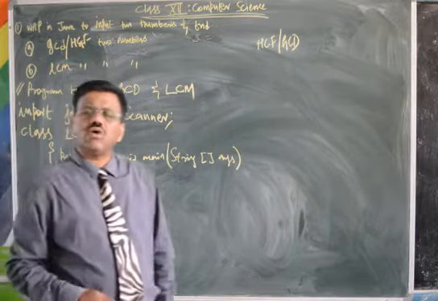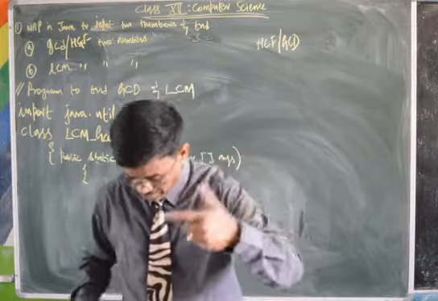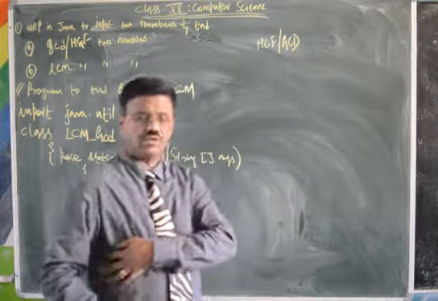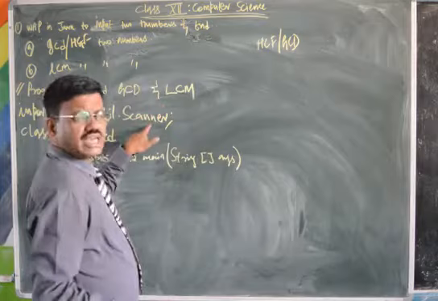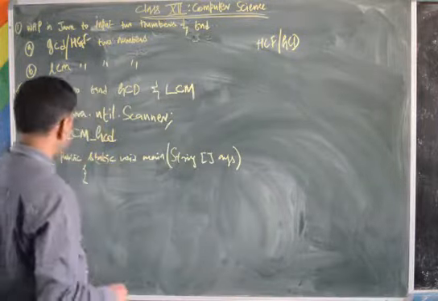I need to create an object, because this is where I am going to take two values, A and B. To do so, I have imported this Scanner class, so let us create an object, right?